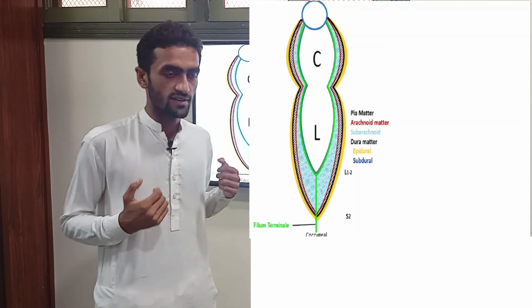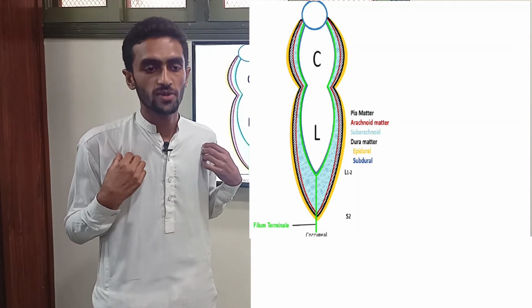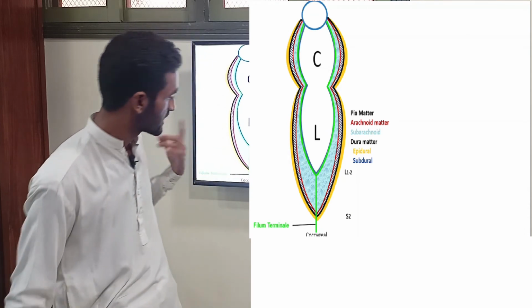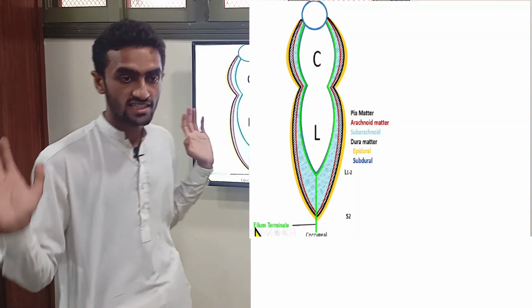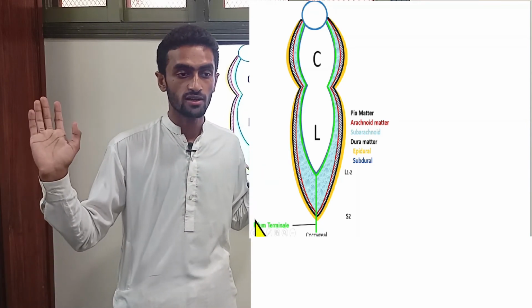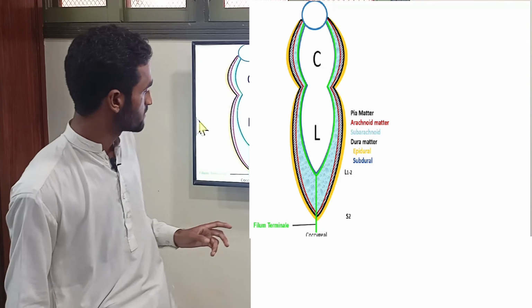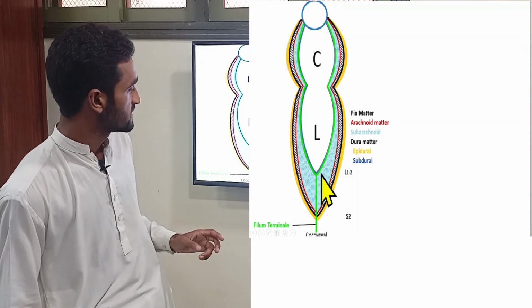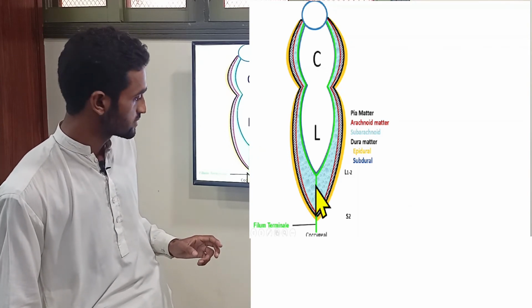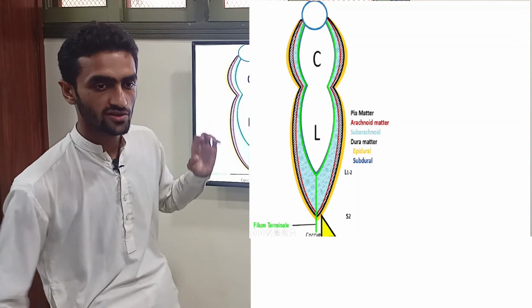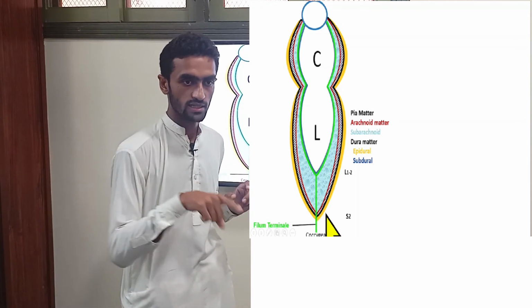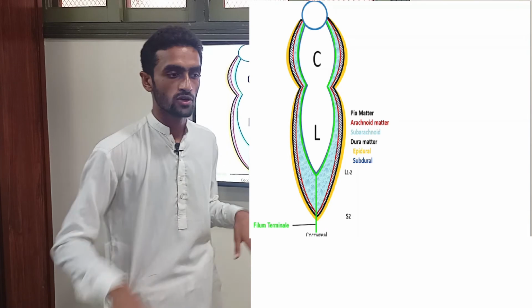When you see a lumbar puncture, that is a good site because our concern is with the CSF, not with the spinal cord. That's why we use the safe zone between L1 and S2, where you can put the needle to take your CSF.